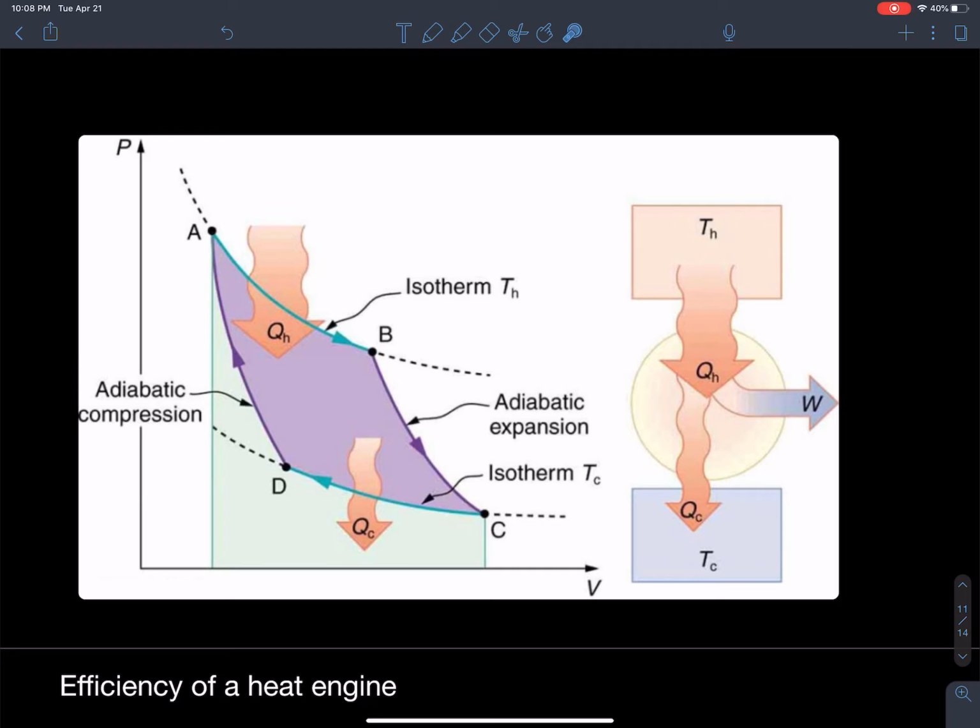So in this adiabatic compression, I will start to get an isothermal expansion. In order to do an isothermal expansion, heat has to flow into the system, which causes the system to do work. Then the momentum of the piston as it's expanding is going to continue to expand without heat flowing in, and that would cause an adiabatic expansion, which changes the internal energy and makes the gas cooler.